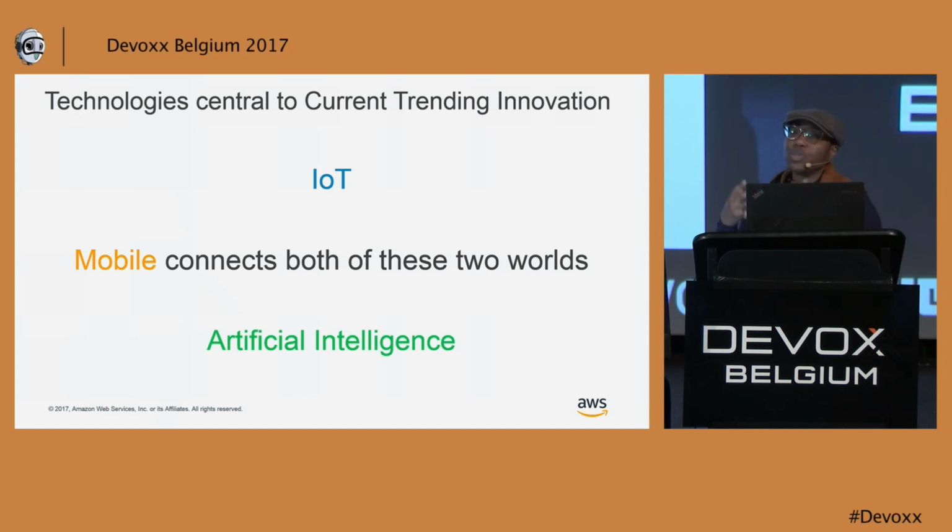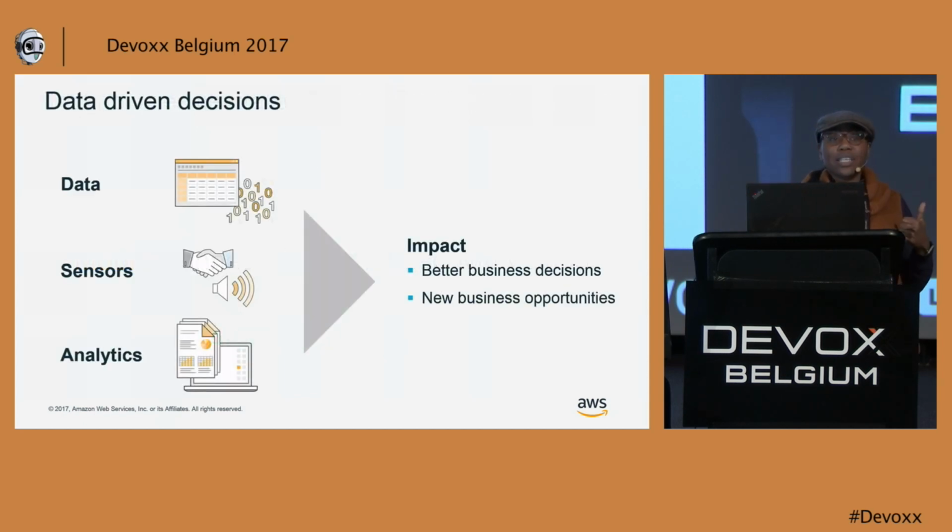So as developers, we need to think of this as a holistic solution of how to interact with this world. Because of this, we need to build things based upon the data-driven decisions you make. You have the data from the sensors and analytics, and you can make these decisions as a company as well as a consumer almost dynamically.